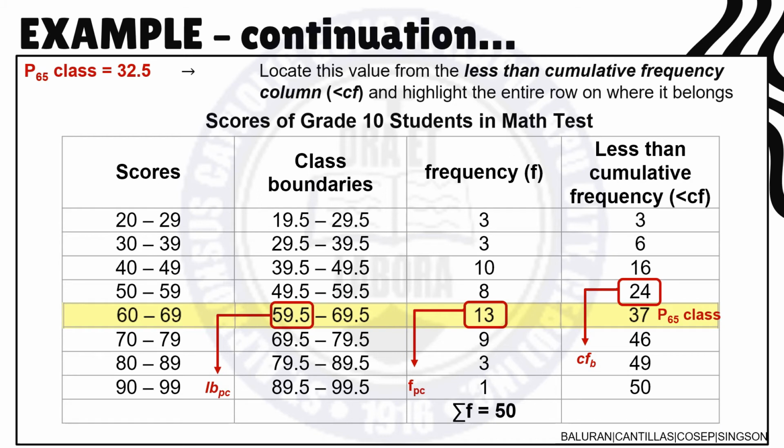You can count from 60 up to 69, or you can find the difference between your limits. For example, 70 minus 60, or 60 minus 50, still our answer is equal to 10. So our class interval here is equal to 10.